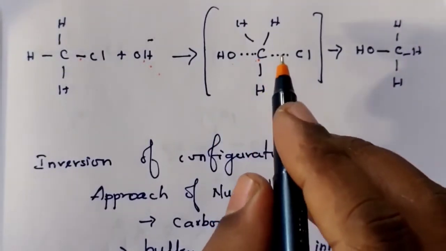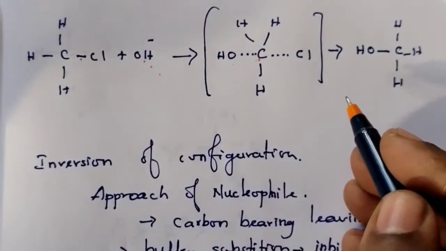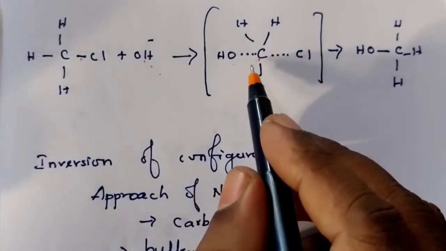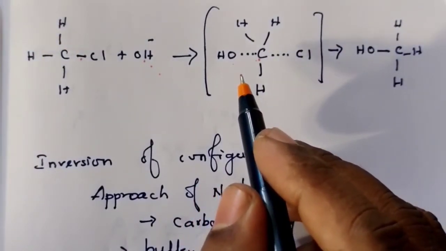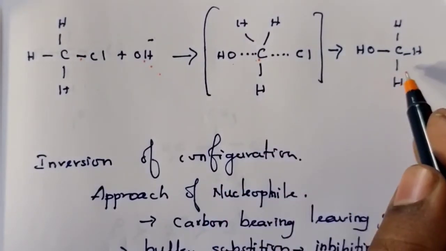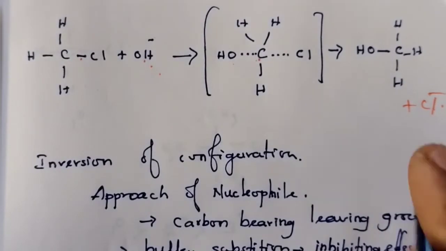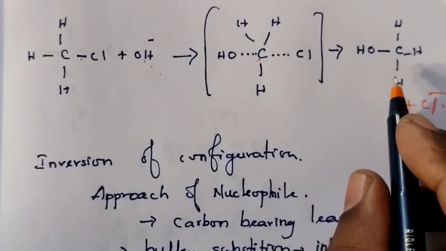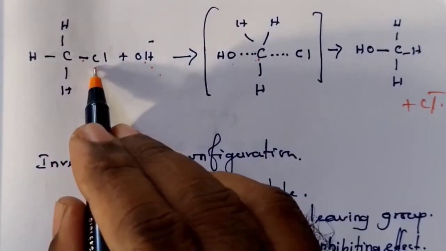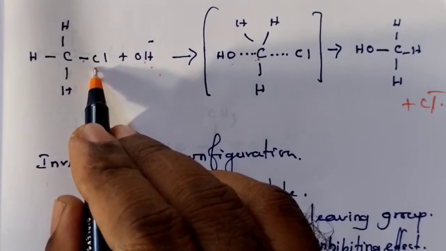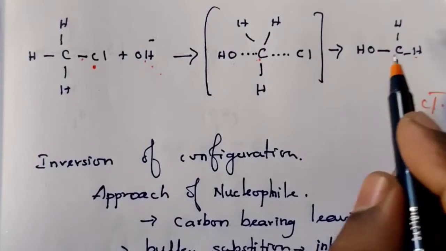Because of the weakening, the C-Cl bond will become weakened and broken. At the same time, the C-OH bond slowly forms and becomes stronger, and we get the product and Cl comes out. See this product formed. Here, in the reactant, the Cl is present on this side, but in the product the OH group is just the reverse.